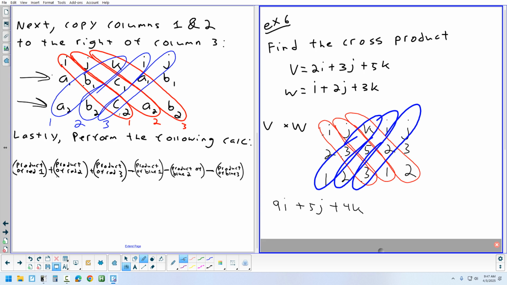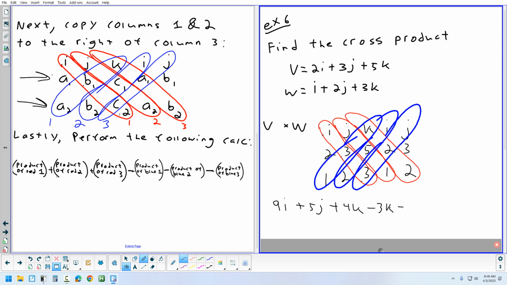And all of these get subtracted. If you end up subtracting a negative, then it could turn into addition. Okay, so we're going to minus what's k, 3, and 1 multiplied together. Yep, 3k. So we're going to minus the 3k.